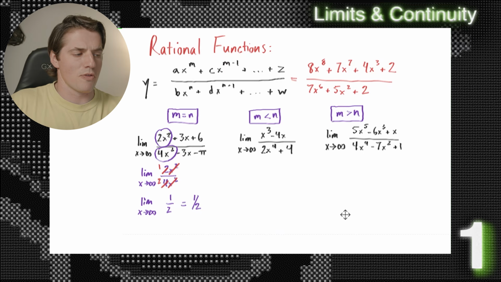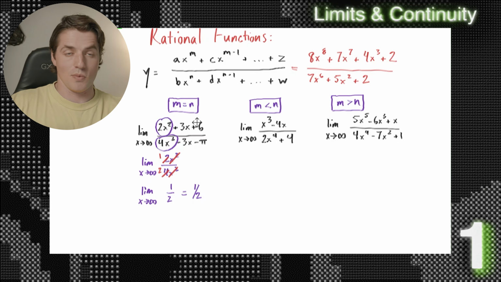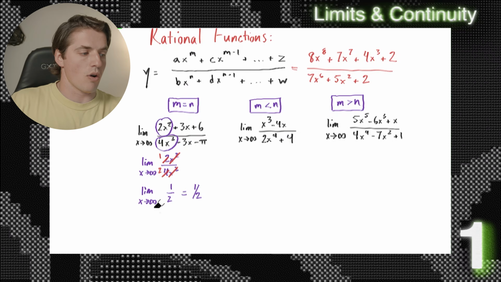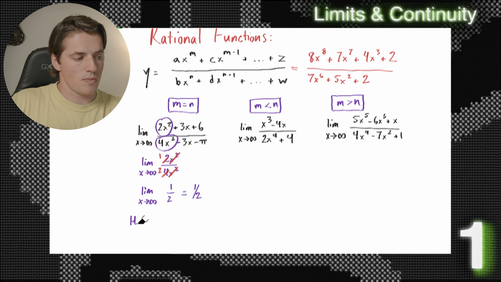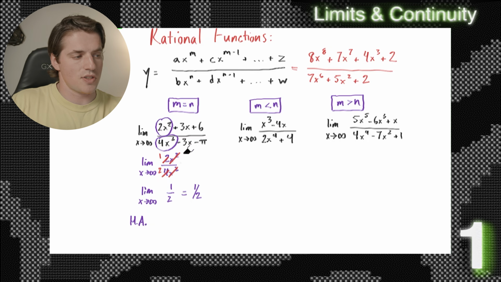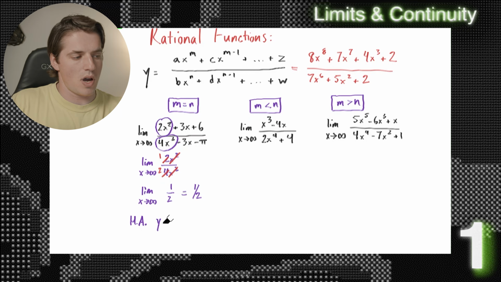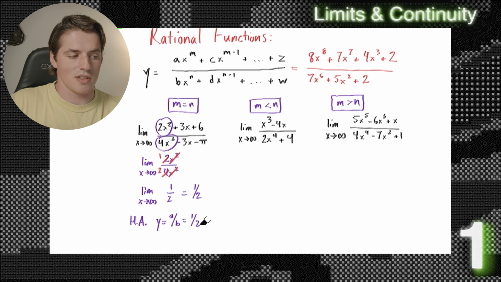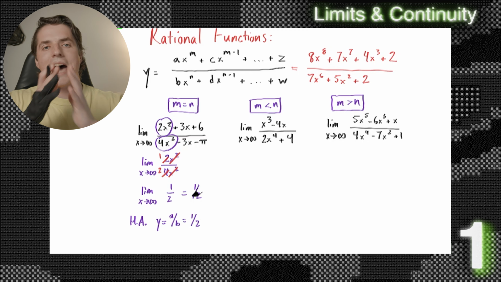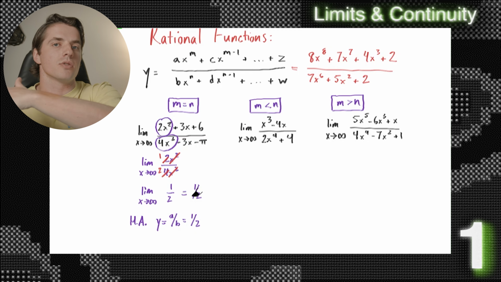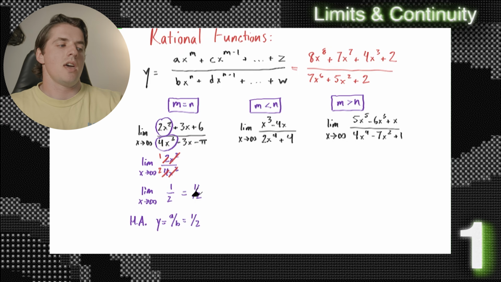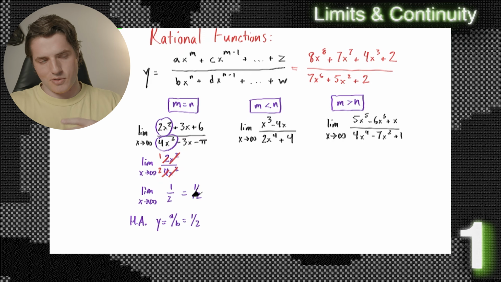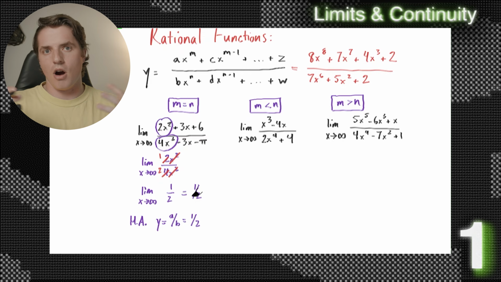And you may remember from pre-cal that in the situation where m is equal to n, our horizontal asymptote is y equals a over b. In this specific case, it would be 1/2. So as we go towards infinity, we'll be going towards our horizontal asymptote. Our limit as x goes to infinity and the horizontal asymptote are the same.